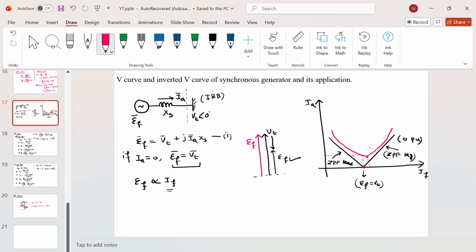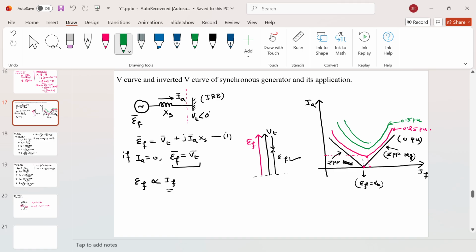And again, this is for 0.25 per unit active power delivery. If you increase the load, again you need more IF, you need more IA. So this 0 point, or the sharp point, will shift here, and you will get like this. Likewise you will get it for 0.5 per unit active power delivery.